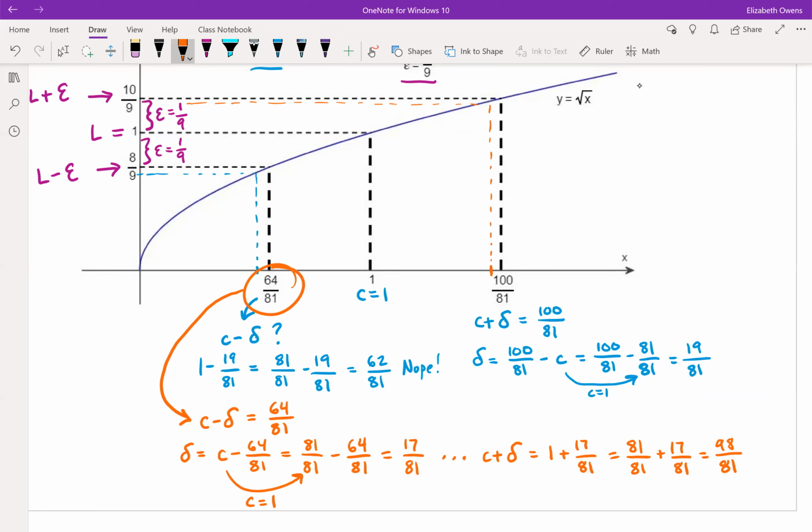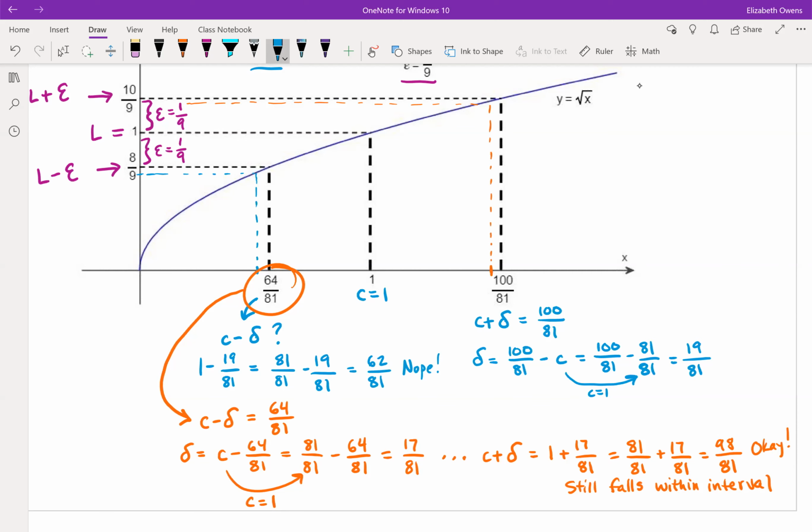So this is okay, because it still falls within the interval.